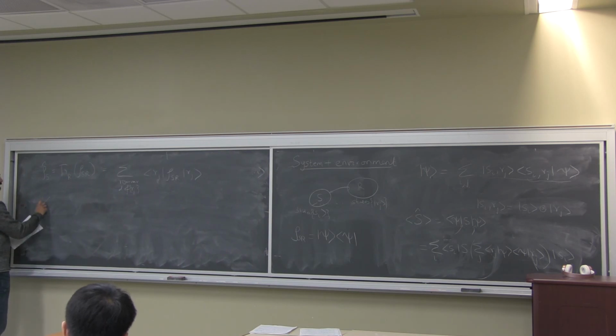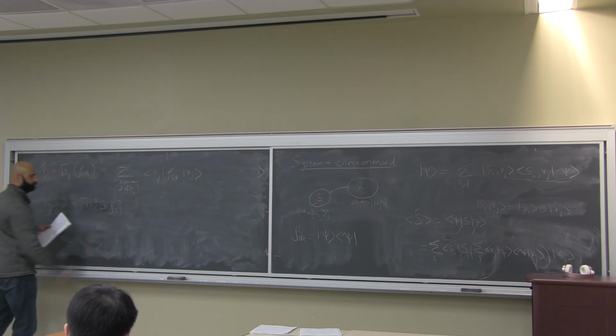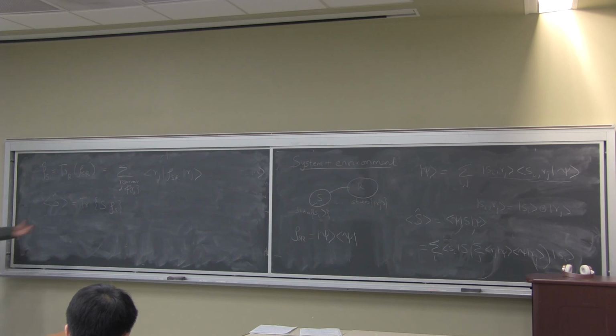Therefore the expectation of any system operator can again be written simply as the trace of S rho S, where rho S now only involves the system degrees of freedom, and the reservoir degrees of freedom have been traced out.